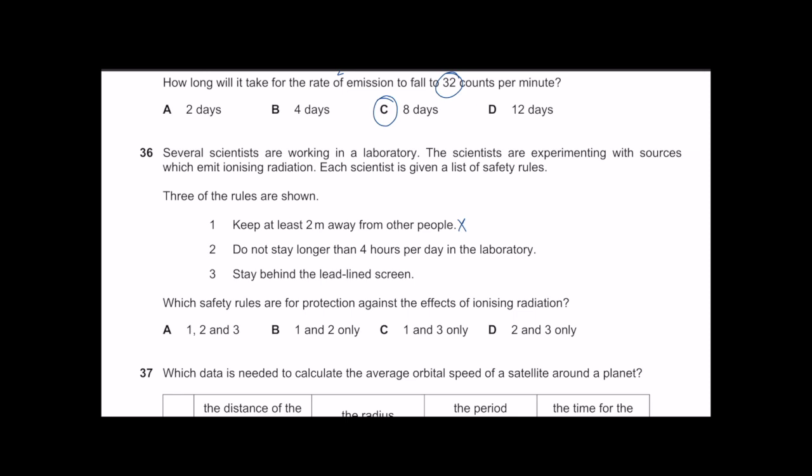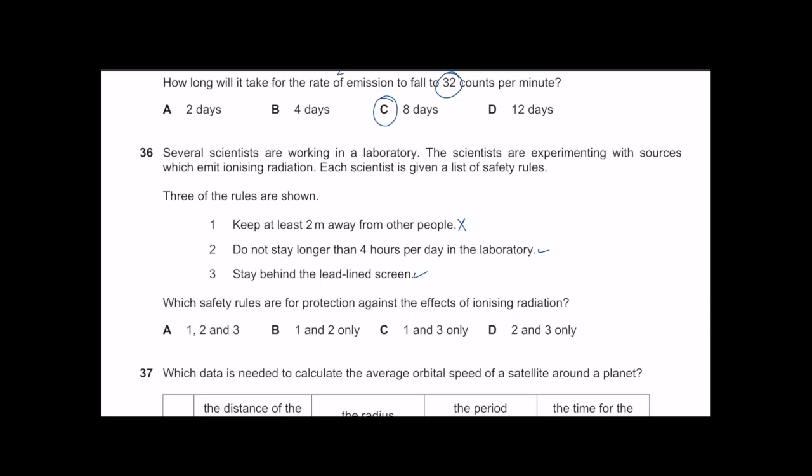Do not stay longer than 4 hours per day in the laboratory. Yes, this is because of the dose, so I can agree with that. Stay behind the lead screen. Yes, because the lead could absorb alpha and beta and a lot of gamma. So for the safety precautions, 2 and 3 work, but for 1 I have no reason to choose it.